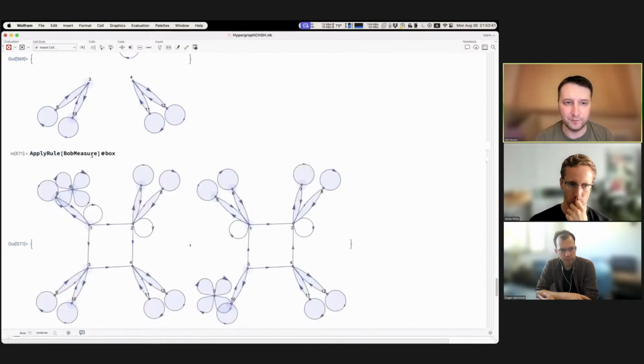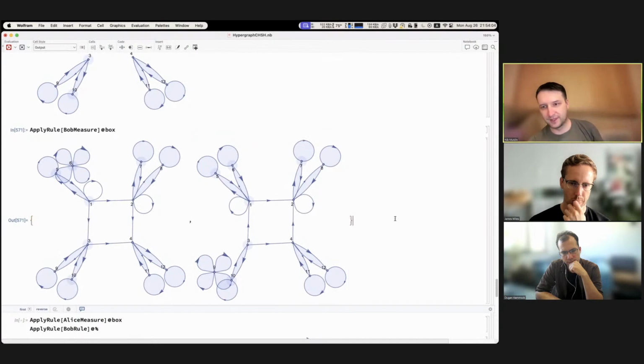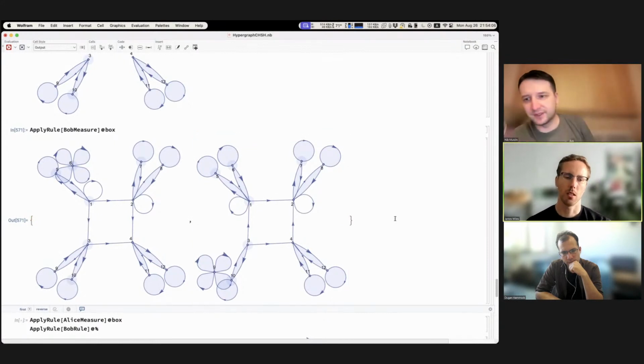Now Bob measures first, extracting his 4-leaf clover from this top left compartment and from the bottom left. Now Alice's measurement only applies in this scenario, but that's our implementation. So it's still the same kind of problem: what happens to this branch? Well, isn't that because this is basically representing what happens in classical reality?